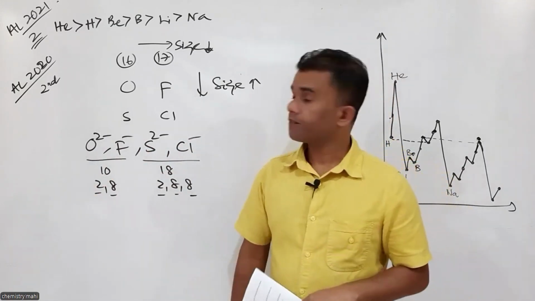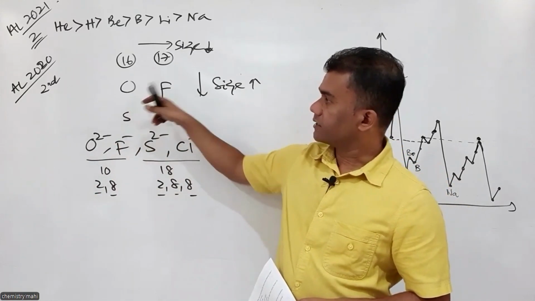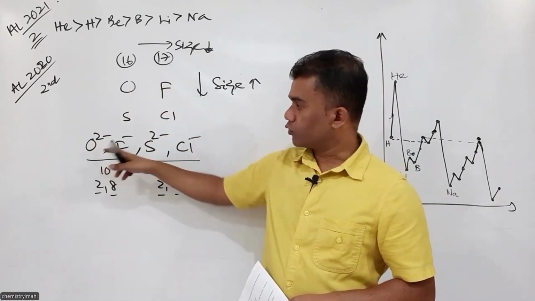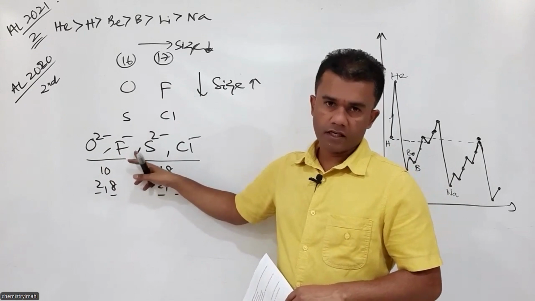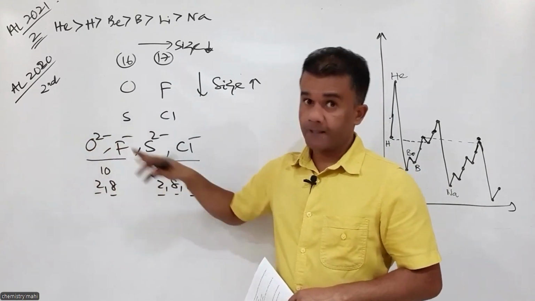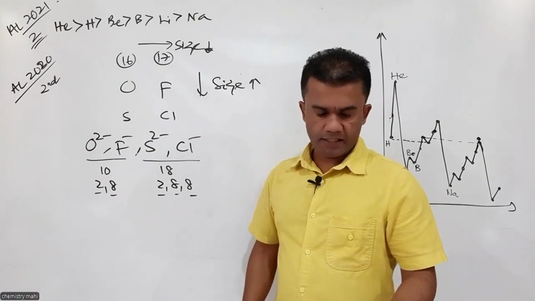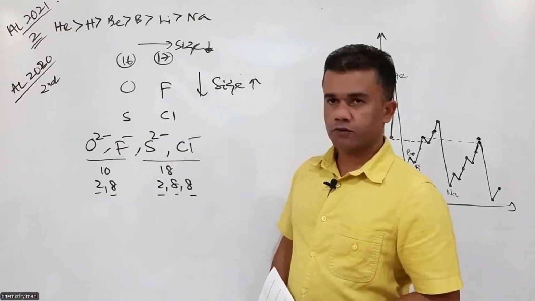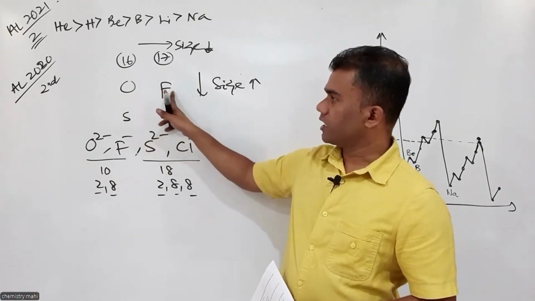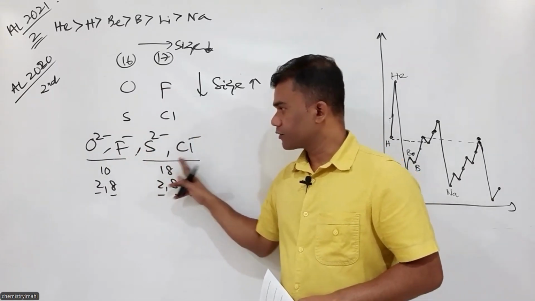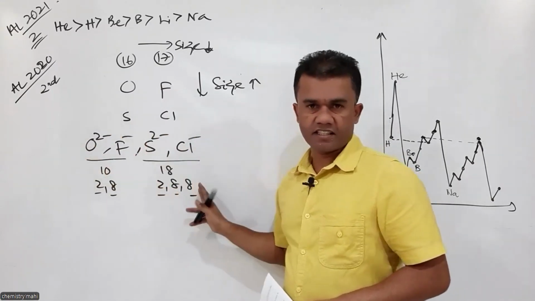Next thing we know, anions are larger than the parent atoms. Out of oxygen, fluorine, and O2 minus, F minus, oxide and fluoride should be larger than oxygen and fluorine. Got it? They ask for decreasing order. Which one is the largest one? Atoms are smaller than ions. Out of these two sets, this anion should be larger than this one because there are 3 energy levels.